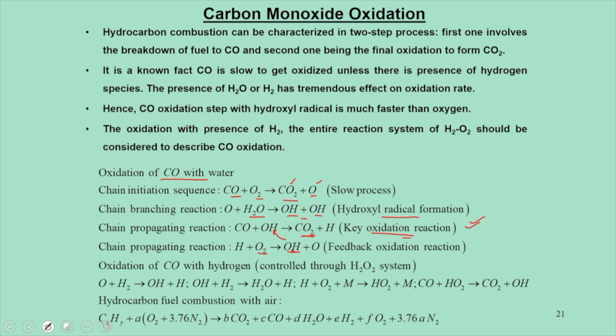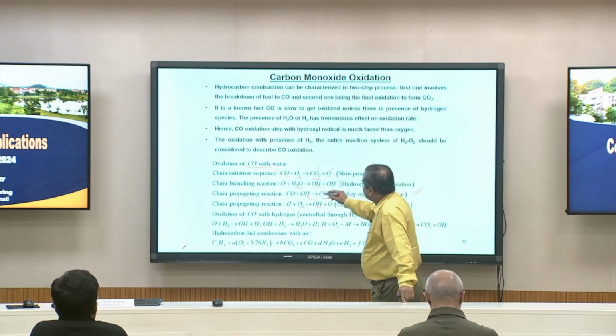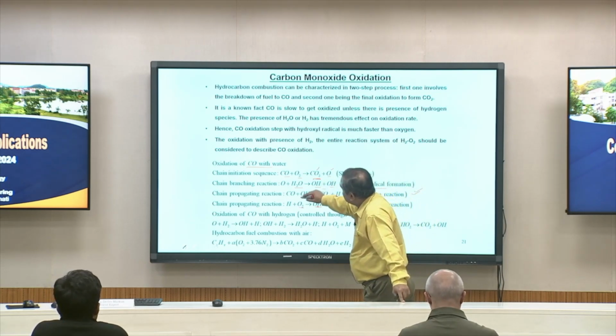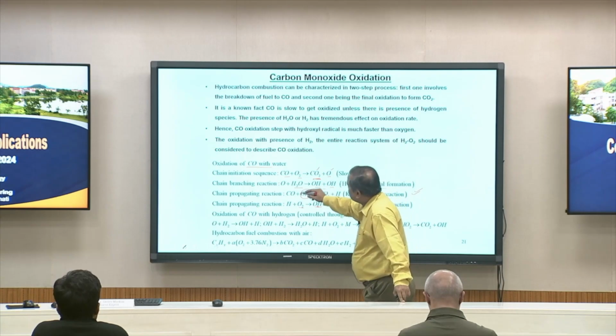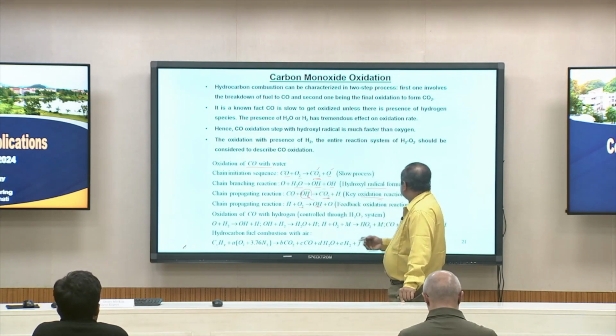Now in this process, CO and O2 forming CO2 and O is slow. If in some way you can make OH, so that it can take CO to form CO2, that process is much faster. It is basically a fast reaction.